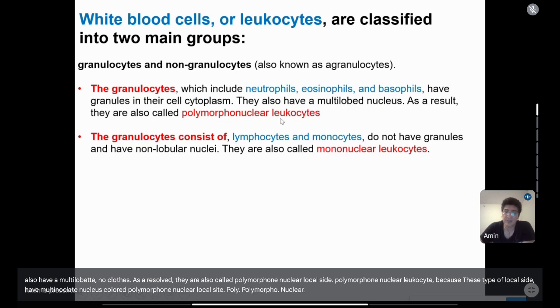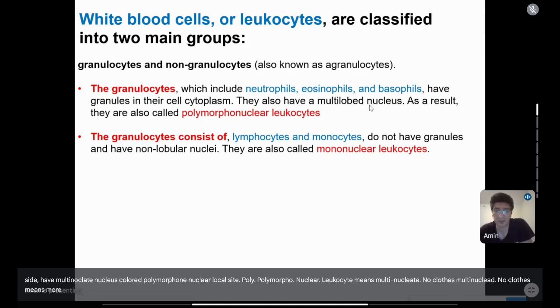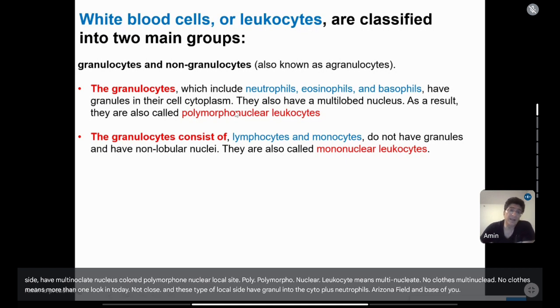Polymorphonuclear leukocyte means multi-lobed nucleus. Multi-lobed nucleus means more than one lobe in the nucleus. And this type of leukocyte has granules in the cytoplasm: neutrophils, eosinophils, and basophils.